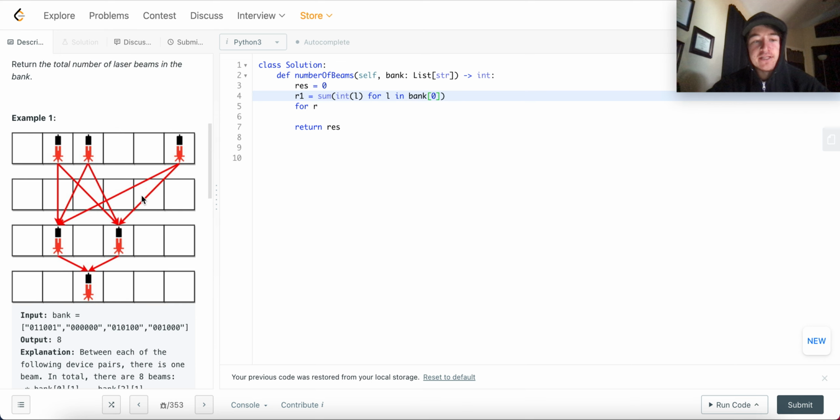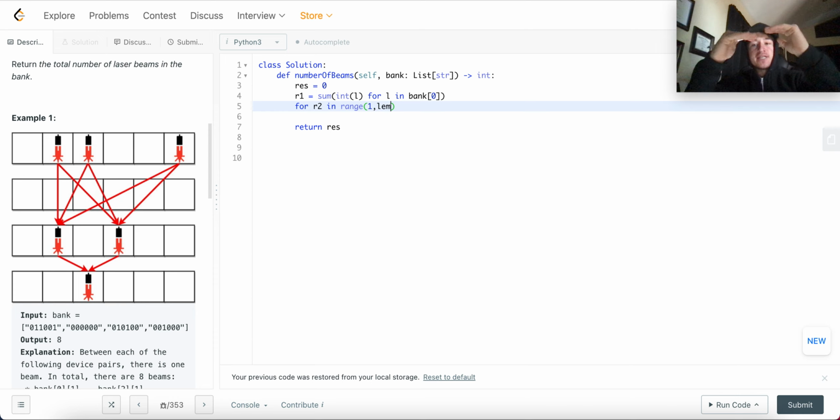So I'm basically saying we're going to start R1 up here and R2 right here. We're going to say R2 in range 1 to the length of bank, because they can never be on the same row. You don't need to look at R1 and R2 being the same row because the lasers you're creating can never be on the same row.